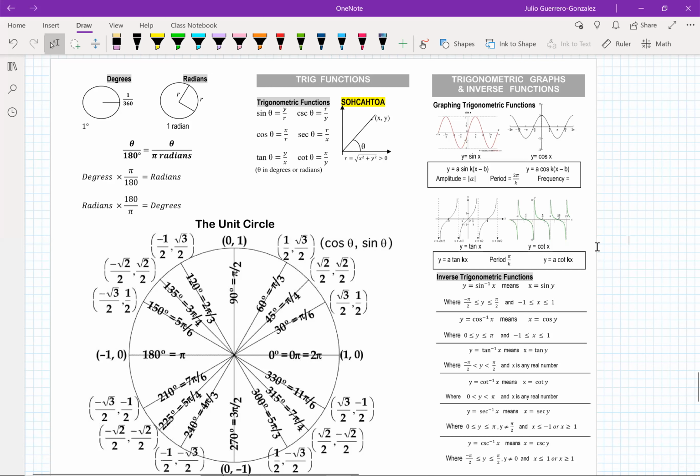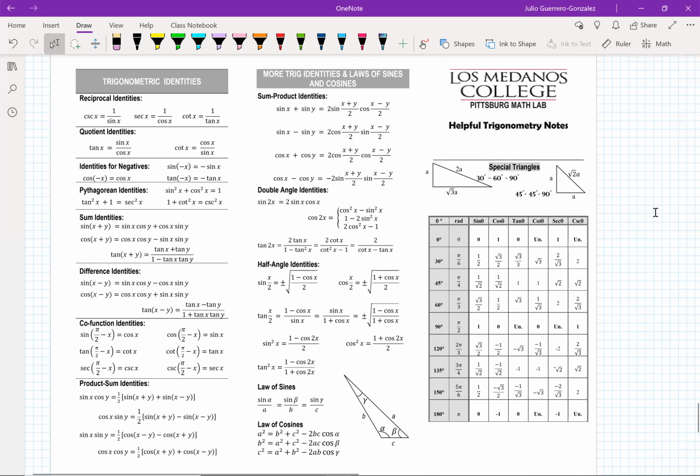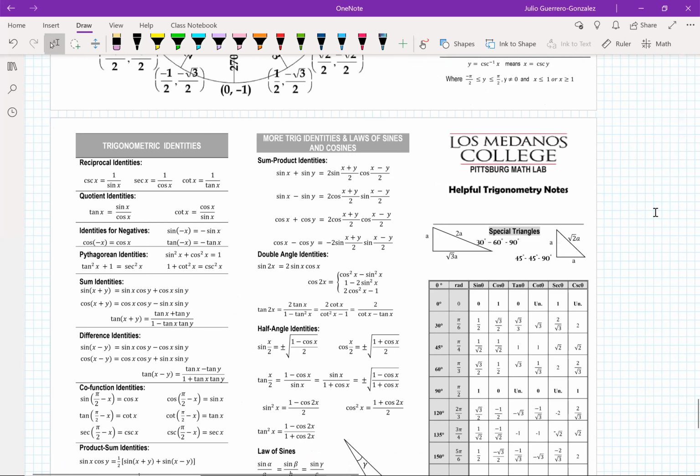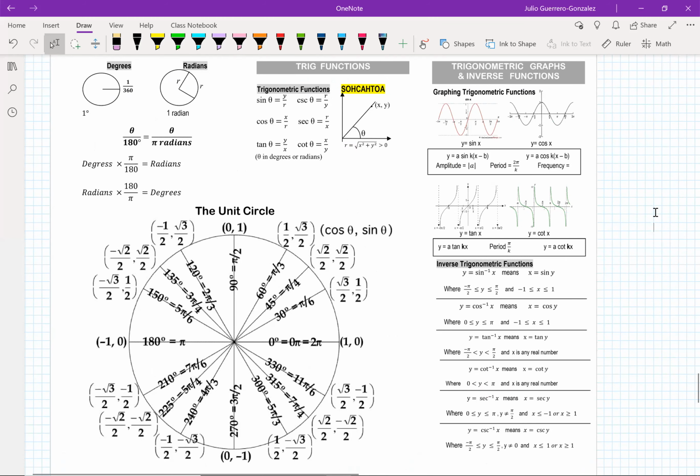This is what the math lab used to have. I actually stole it from Brentwood and made a couple of modifications so that we can use it at LMC at the Pittsburgh campus. It's a really handy resource for everybody.